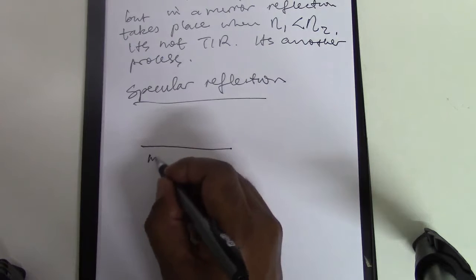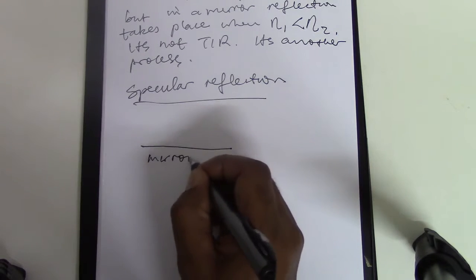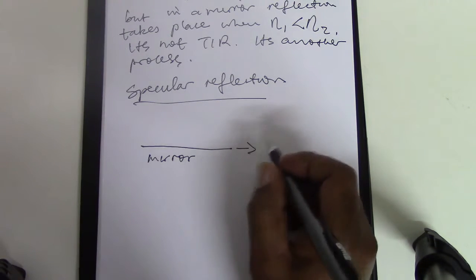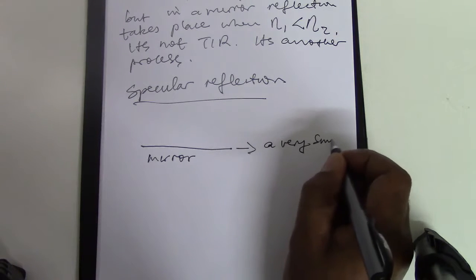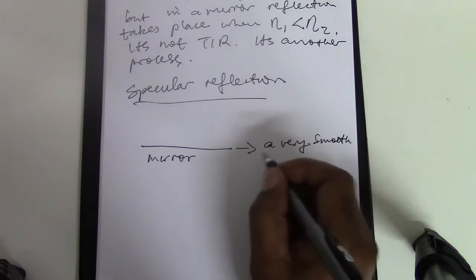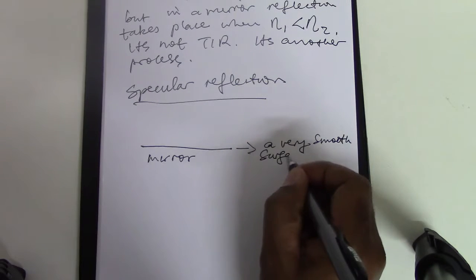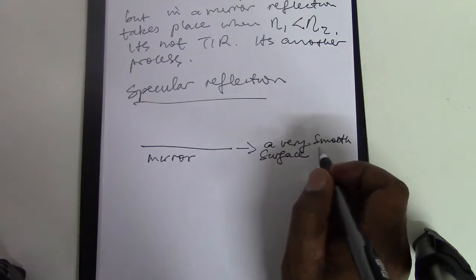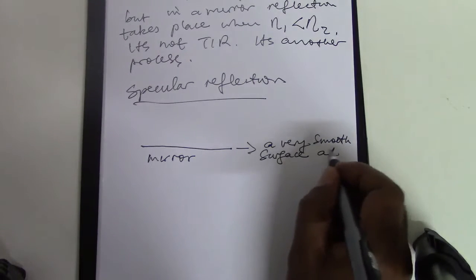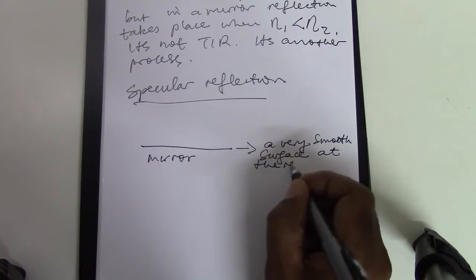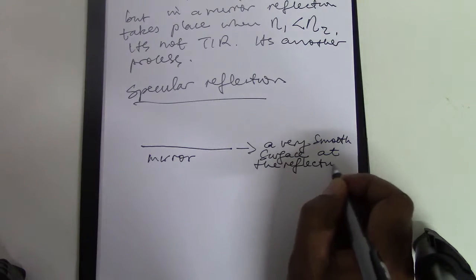And here we have our mirror. Now check, a mirror always has a very smooth surface at the reflective side.